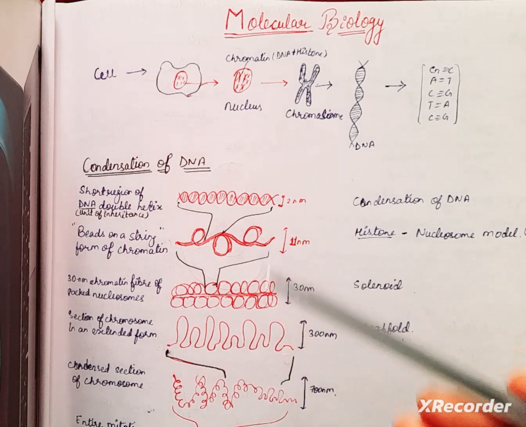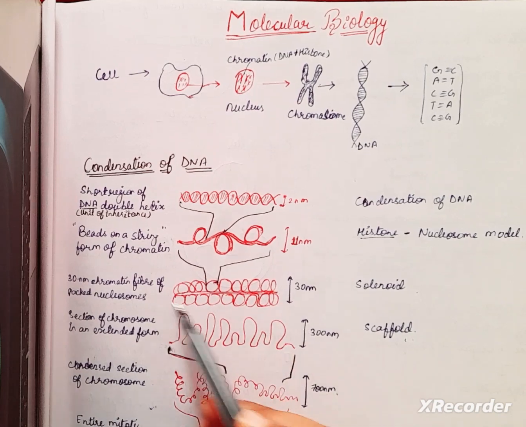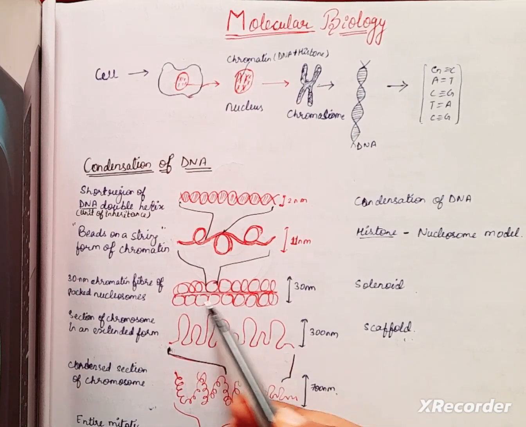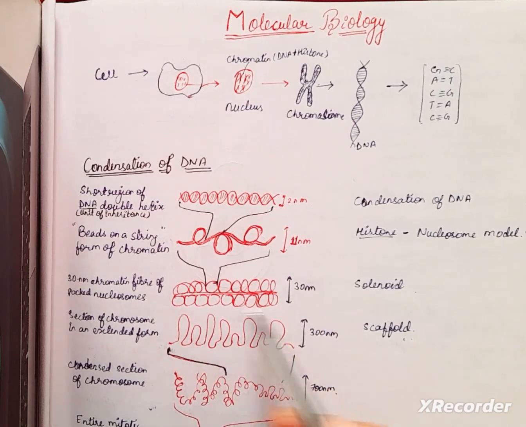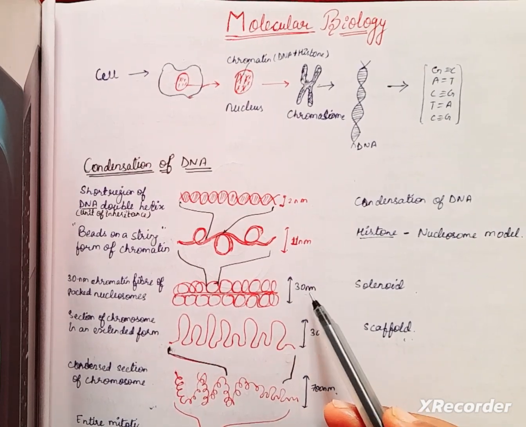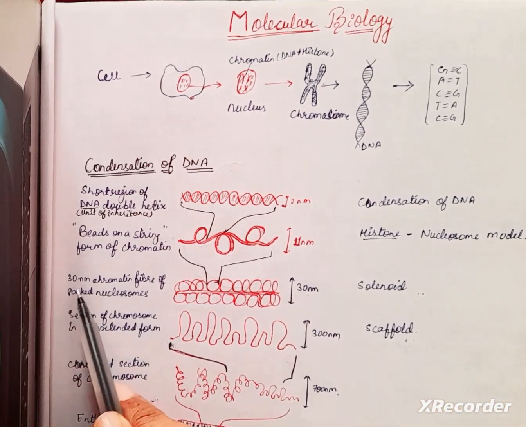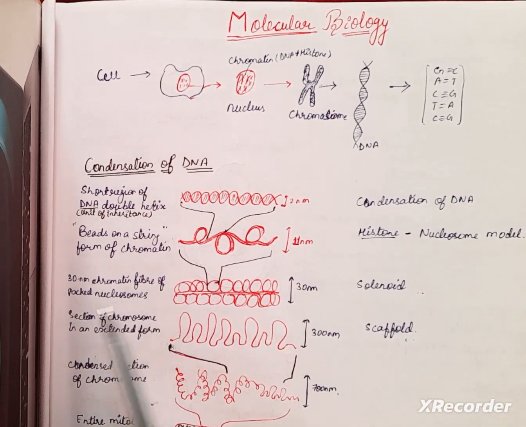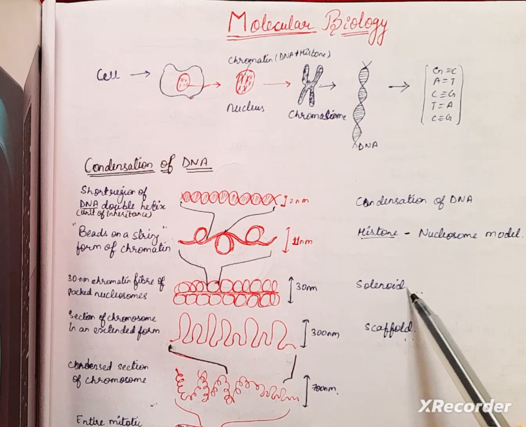After this, when it condenses more, it forms a structure like this: a histone over which DNA is wrapped. This width is 30 nanometer, and we call it the solenoid model, the 30 nanometer chromatin fiber of packed nucleosomes.